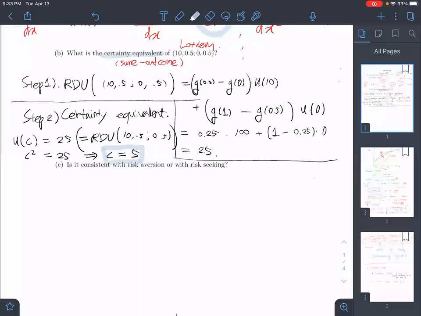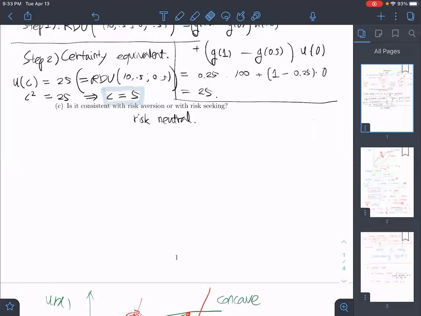Let's go to question C. Is it consistent with risk aversion or risk seeking? Let me add one more option: neither risk averse nor risk seeking. I forgot the name for that. That was risk neutral. So if a person, okay, let me write the definition again, just as a reminder.